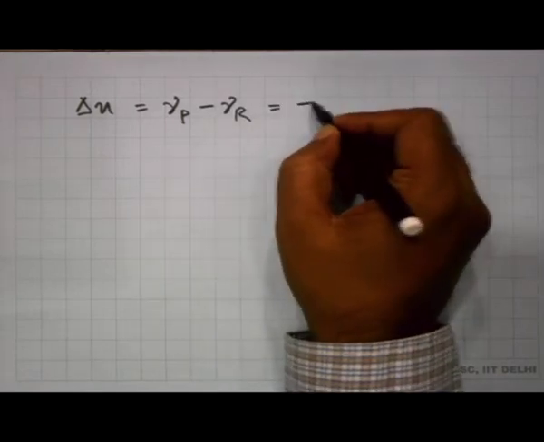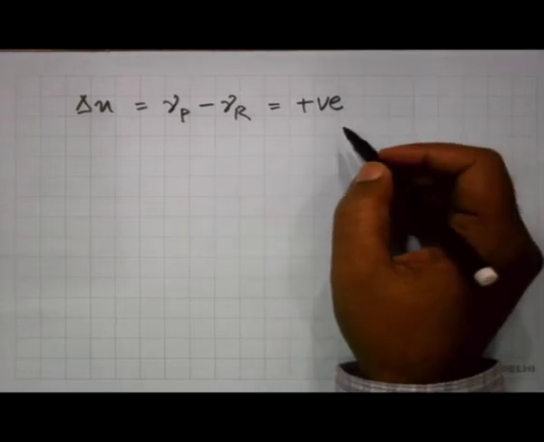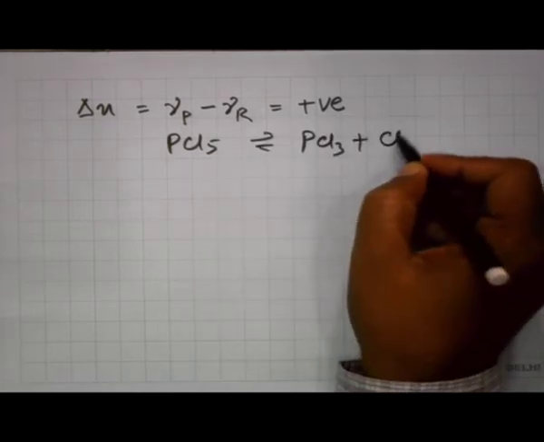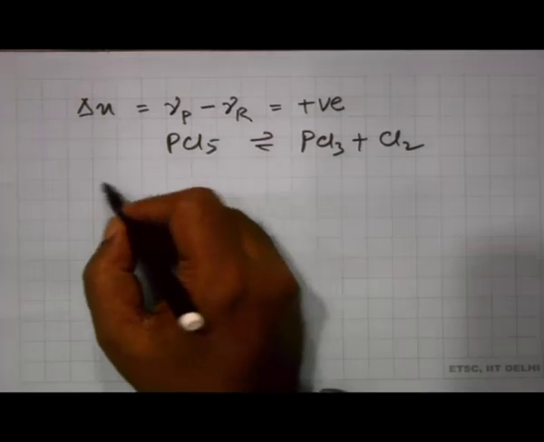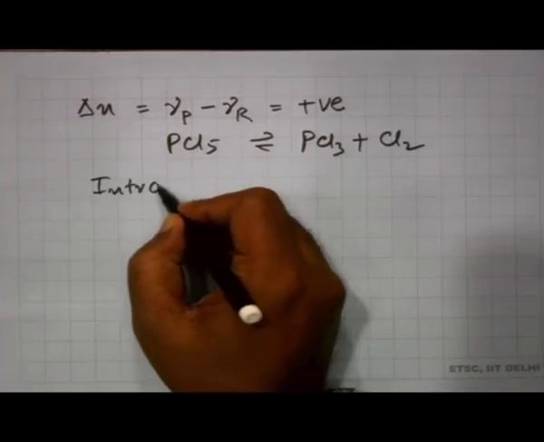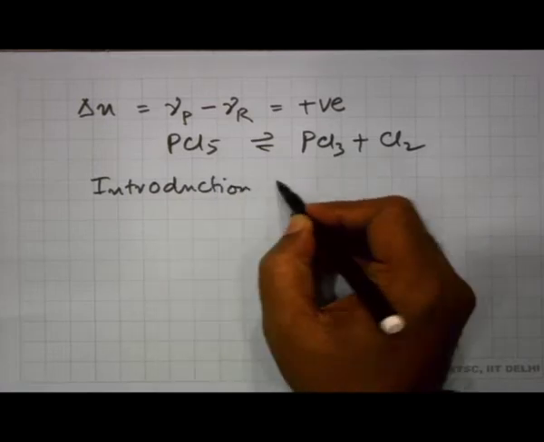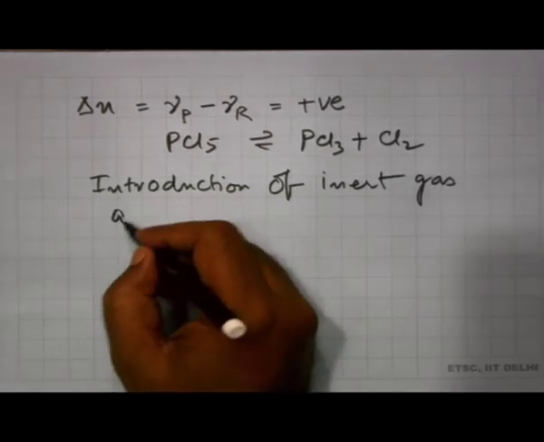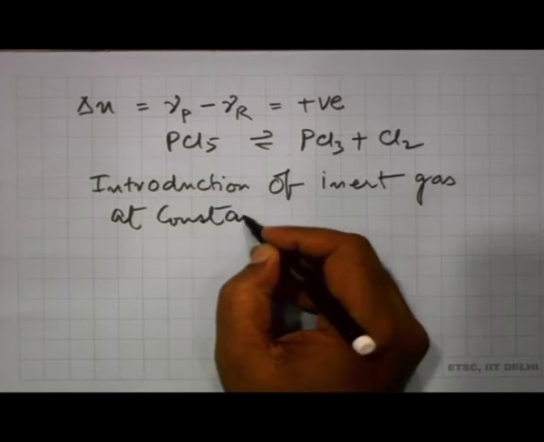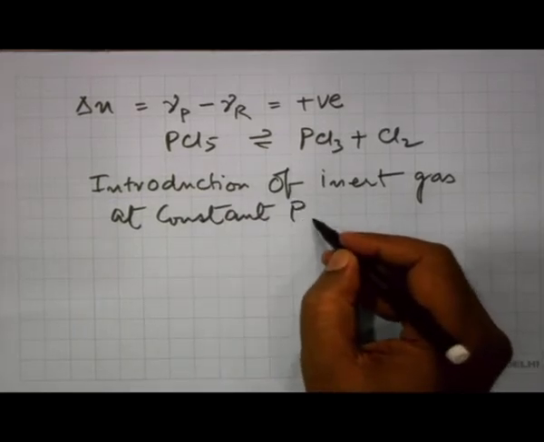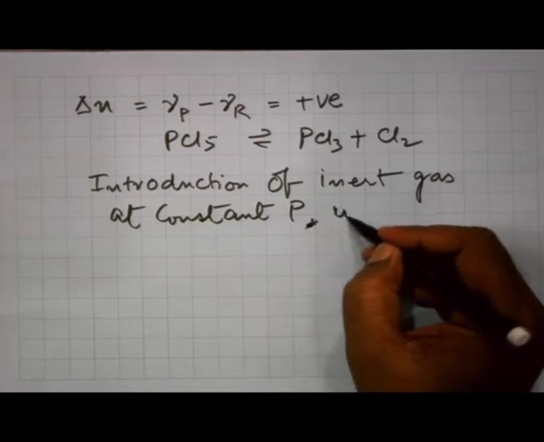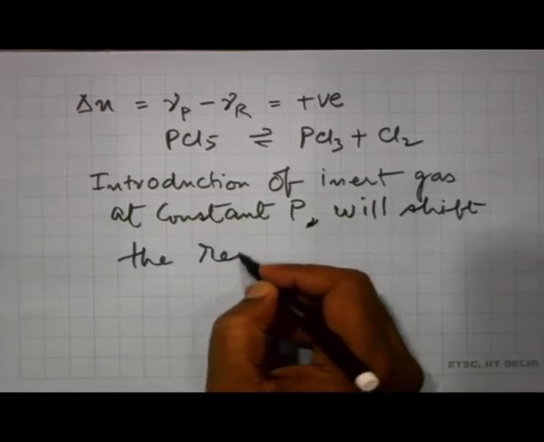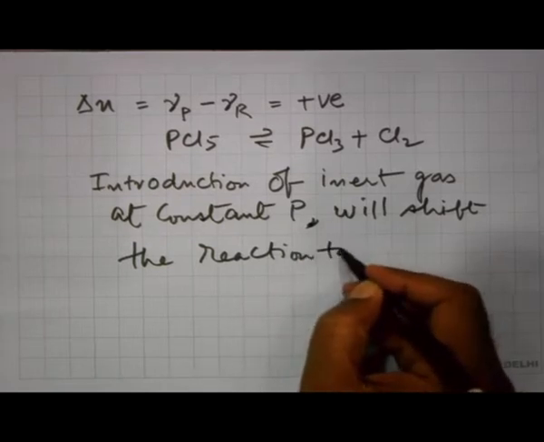If this is positive, as in the case of PCl5 going to PCl3 plus Cl2, introduction of inert gas at constant pressure will shift the reaction to the forward direction.